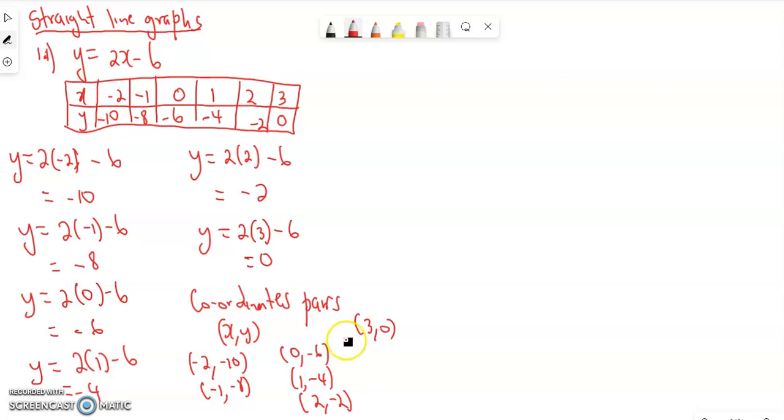Right. So once you have completed your table, the second question here on your revision booklet, you must sketch the graph. Remember, in sketching the graph, we need to have the y-axis as well as the x-axis.